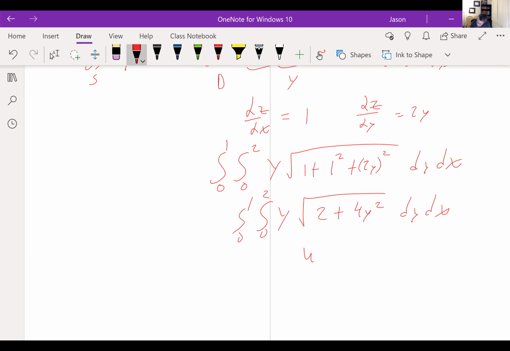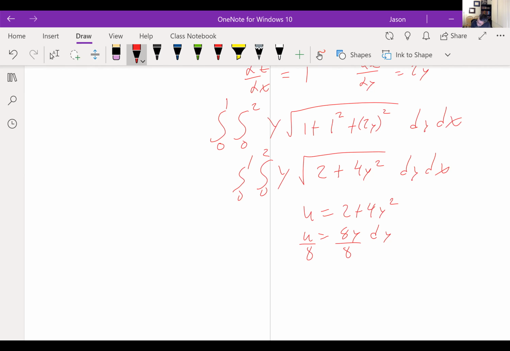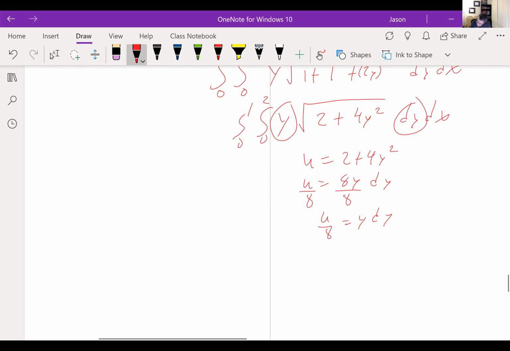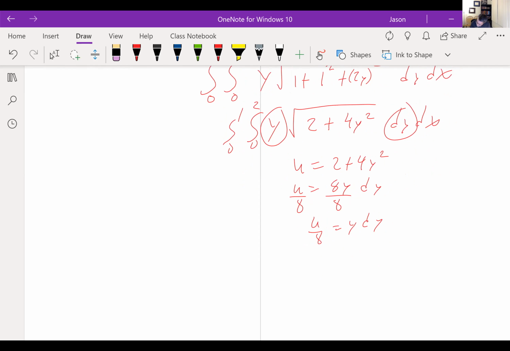Let's do a u sub on this. u is equal to 2 plus 4y squared, so du is equal to 8y dy. Divide by 8, and look at that, we've got our y dy. So du over 8 is equal to y dy. Then we've got u to the 1/2 du over 8.